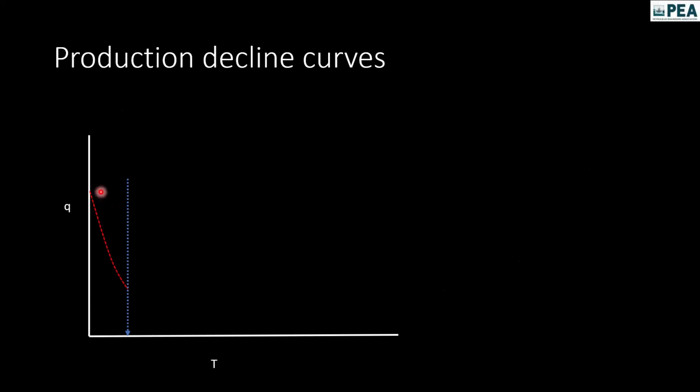So the flow rate is reducing as time is progressing. Time progresses along the x-axis to the right side, and flow rate reduces on the vertical side. It ended at the blue line. So probably at this time level, you have the data. Beyond that, you don't have. Probably this is the current time.